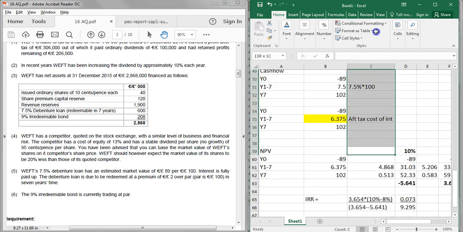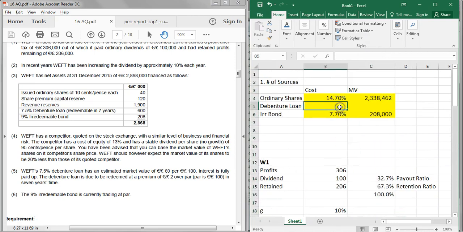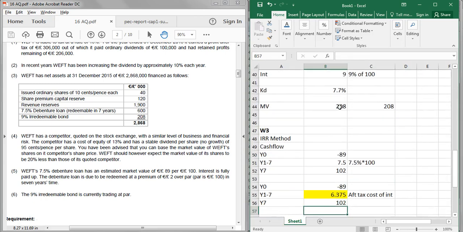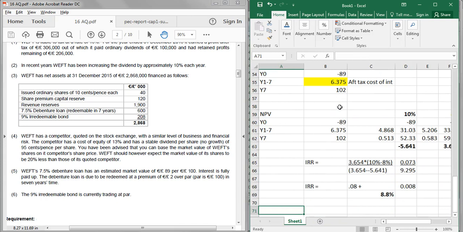So the 8.8% goes in as the cost, and that's already adjusted for tax. And the market value, we're told here, is 89 per 100 euro. So to get the market value, we take the book value, which is 600,000. We divide it by 100 to get the number of bonds, and we multiply by 89.